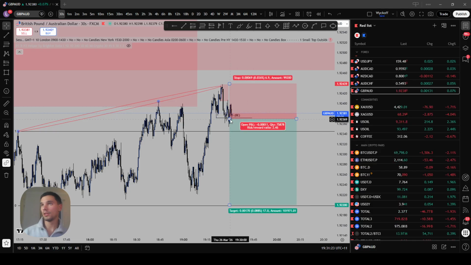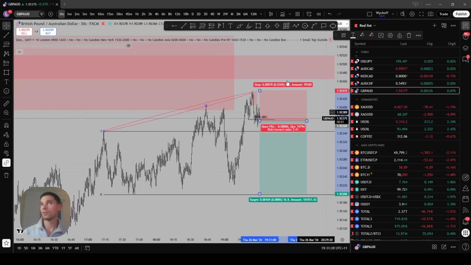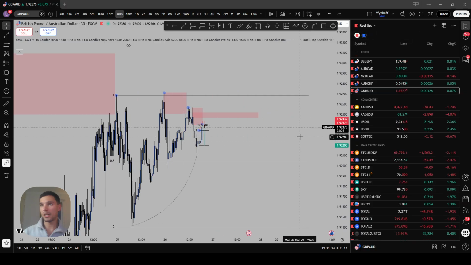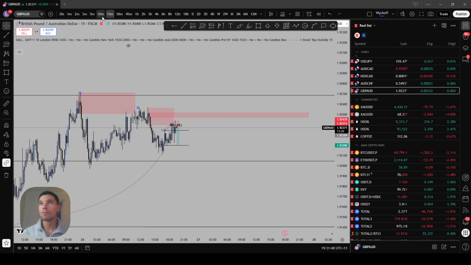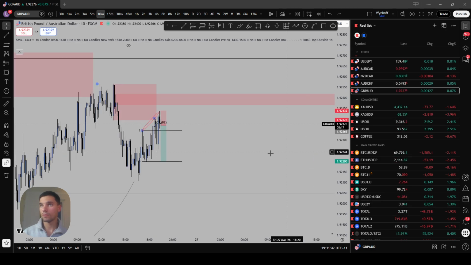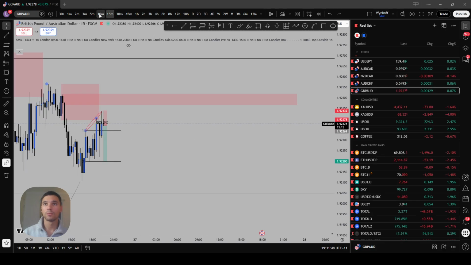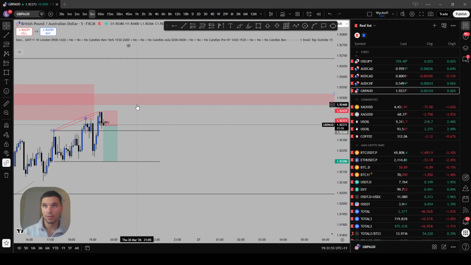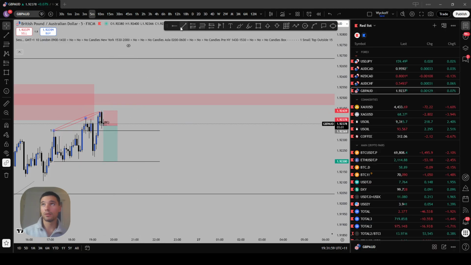So we will monitor this. And in terms of market structure, I will pretty much be looking to break this 5-minute market structure.